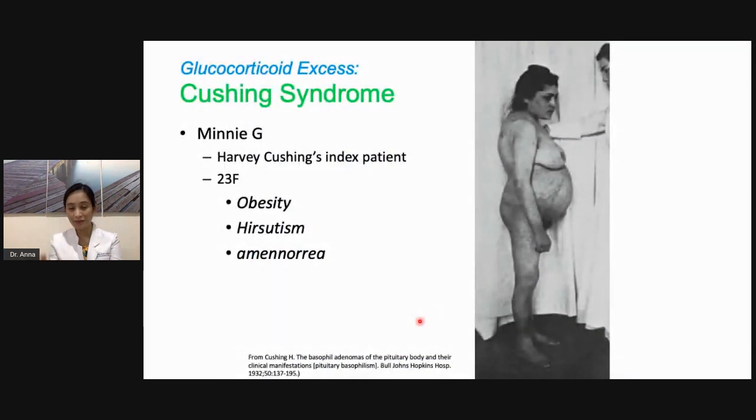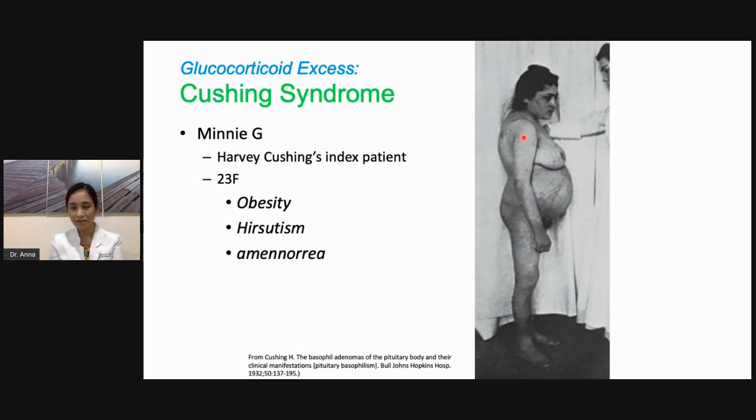And Mini G, what do you notice about her signs? The most prominent one is your truncal obesity. Of course, it's black and white, so it's hard to see the colors, but you will see some striae here. Most likely these are reddish to violaceous striae, very typical of Cushing syndrome.